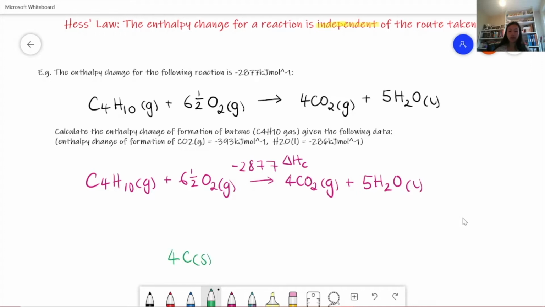So you start off with 4 carbons, because we have got 4 carbons here. And then we've got 10 H atoms. Because the constituent element is hydrogen, which comes in 2s, because it's H2, we would need 5 of them.